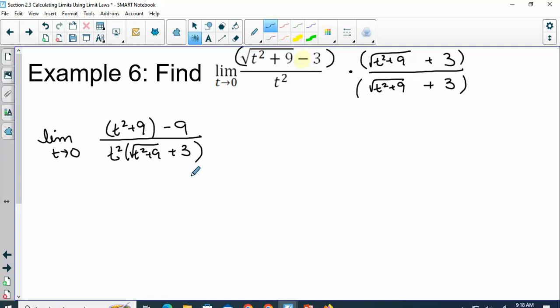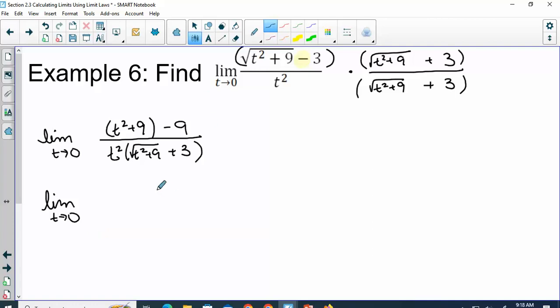What happens here? We're trying to simplify. What do you notice? The 9's cancel.